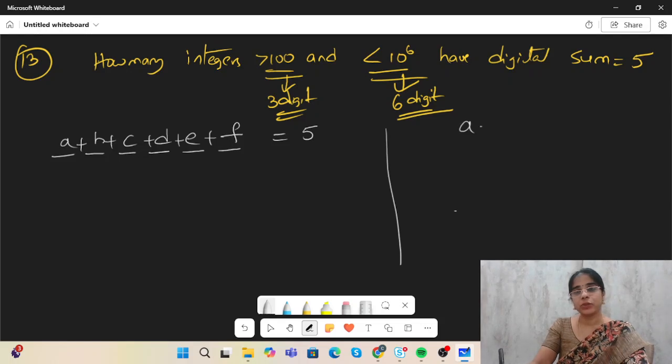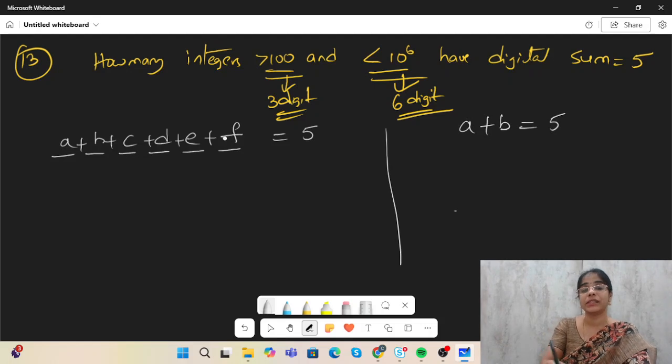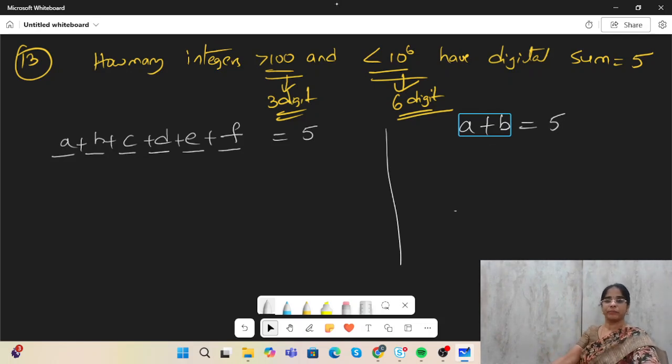Later, some 2-digit number is what I will take whose sum equals 5, and I will subtract that case from this case. Okay, now clear? Because I want all the numbers from 3-digit number to 6-digit number. I don't want any 2-digit numbers or single digit numbers whose sum is 5. I don't want that case.